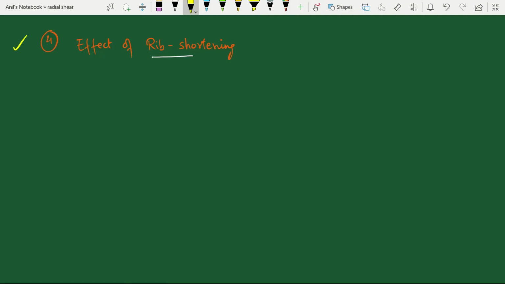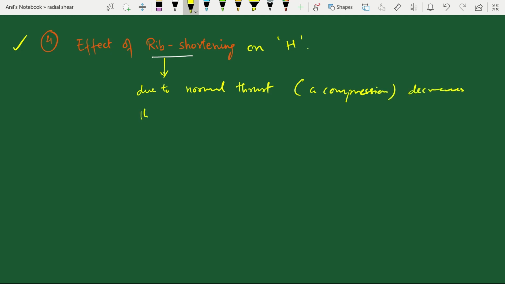Now let's take the case number 4, effect of rib shortening on horizontal thrust H. So what is rib shortening actually? Due to normal thrust, which is essentially compression type force, it tends to decrease length of arch.